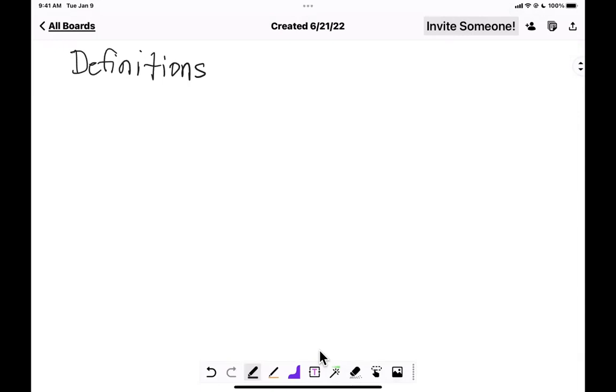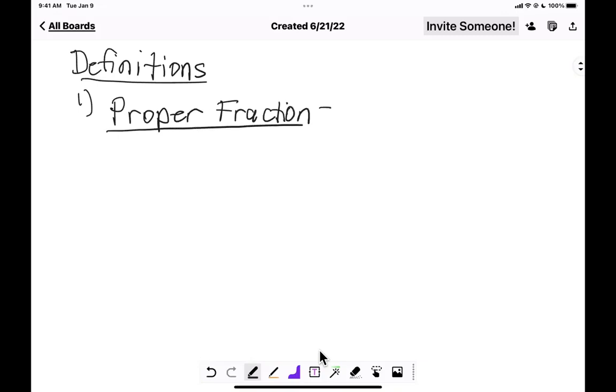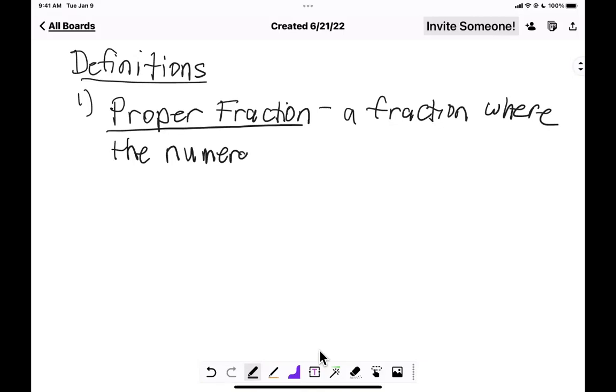Wow. Okay, definitions for fractions. 1, proper fraction. It is important that you know what these are. A proper fraction is a kind of fraction that we want to work with. A proper fraction is a fraction where the numerator is smaller, or you can think of it as less than, the denominator.